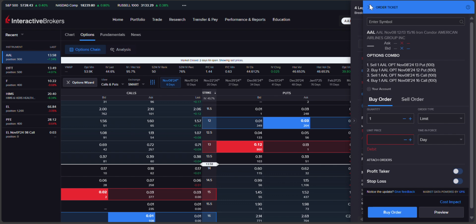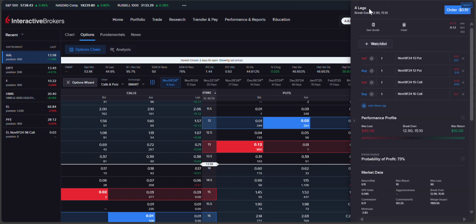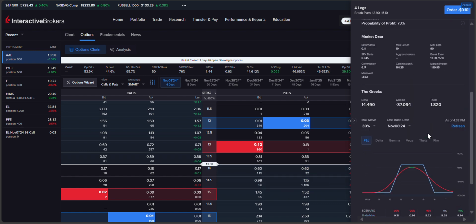And so the best outcome possible is for the stock to remain within this range.